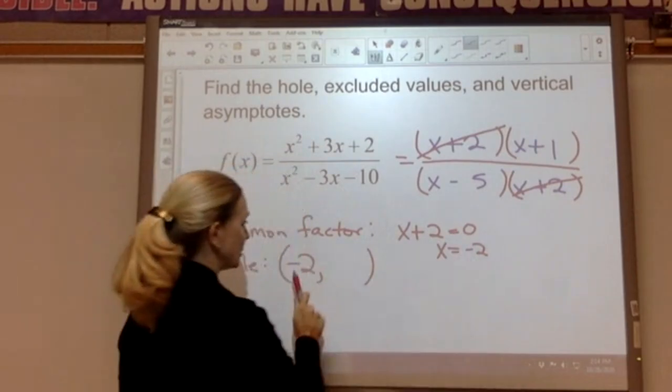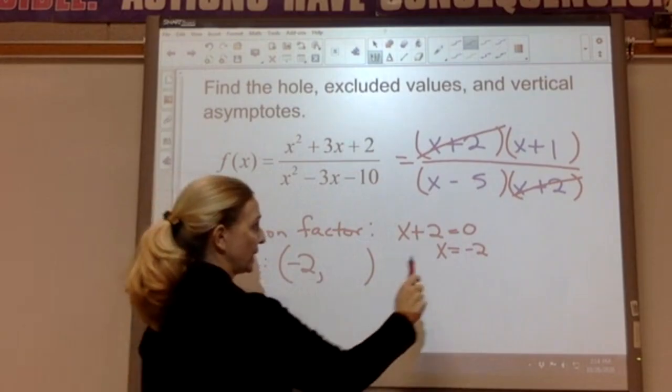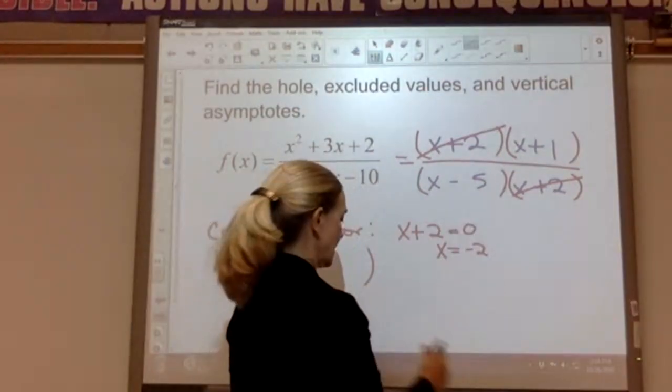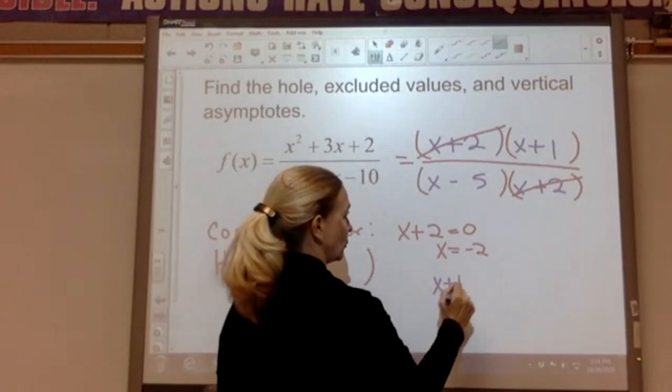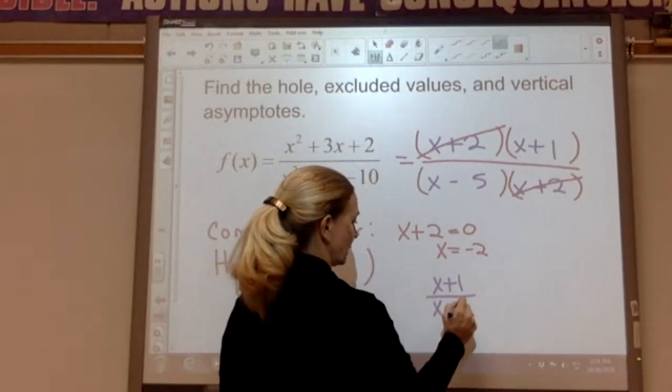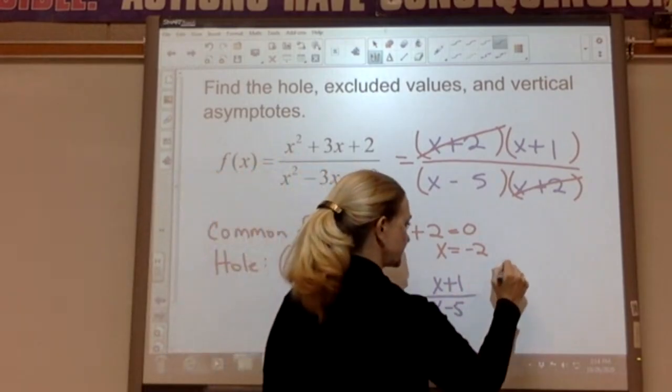So it's -2 something. To figure out what the y value is, you take -2 and you plug it into the reduced fraction. So my reduced fraction is x plus 1 over x minus 5. And so I'm going to plug in -2.